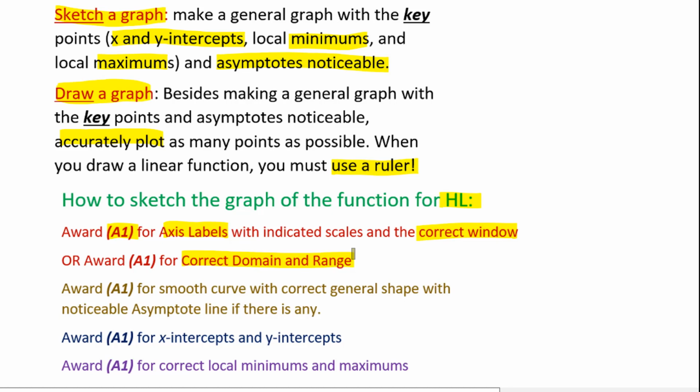So from the question, you have to make sure which one is for the first mark. Second mark for a smooth curve with correct general shape with a noticeable asymptote line if there is any. Third mark for x and y intercepts. The last mark for correct local minimums and maximums.